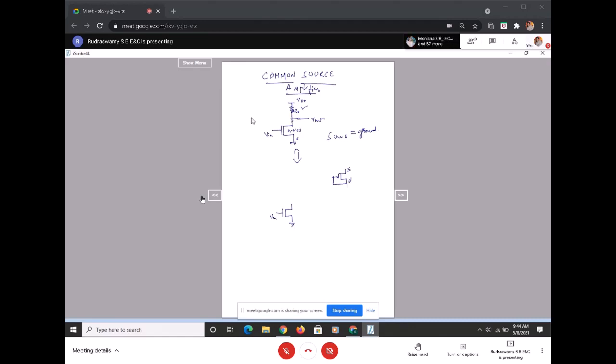In other words, now it becomes a two terminal device, right? The source terminal and the drain terminal. So this gate is now connected to this. This is my VDD. This is what my Vout is all about.